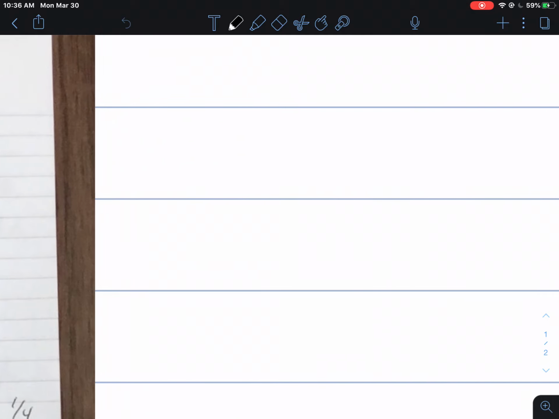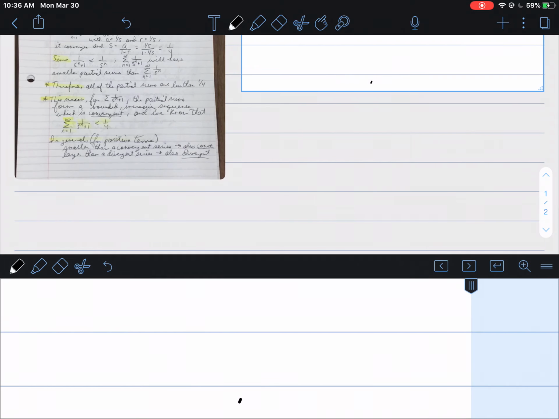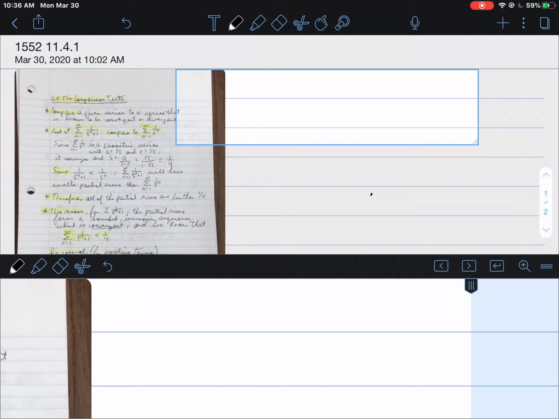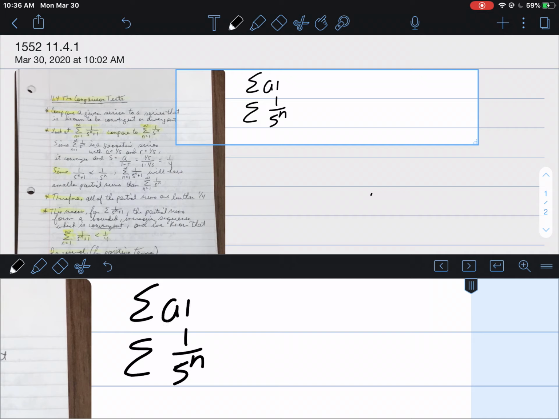If you look at 1 over 5 to the n, remember our geometric series and what those guys look like? If I look at the sum of 1 over 5 to the n, our geometric series looks like this. This is our generic form, that a r to the n minus 1.